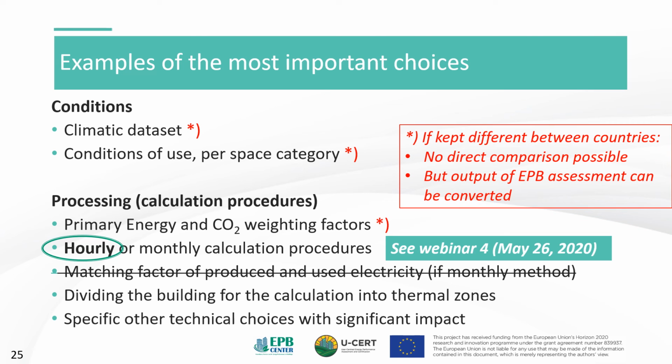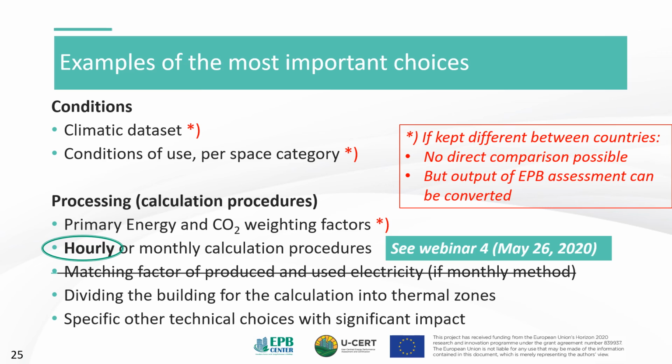And then you see here these asterisks, and these indicate choices that if these choices are different between the countries, there's no direct comparison possible, of course, but in these cases the output of the EPB assessment can be converted, because these can be replaced by other choices, and then you can use these converted energy performance outputs for comparison with others.